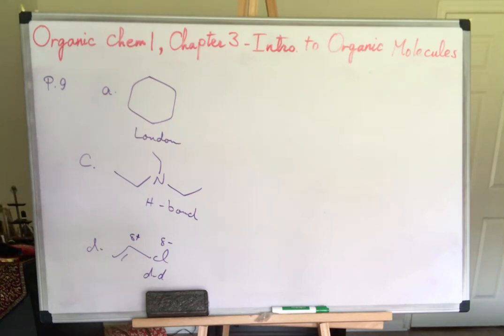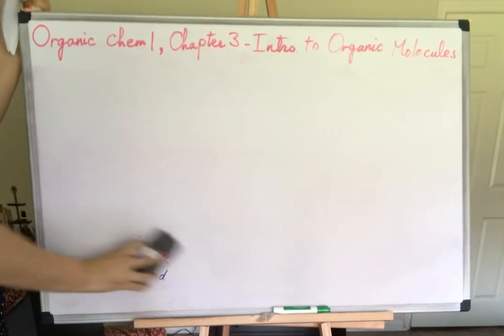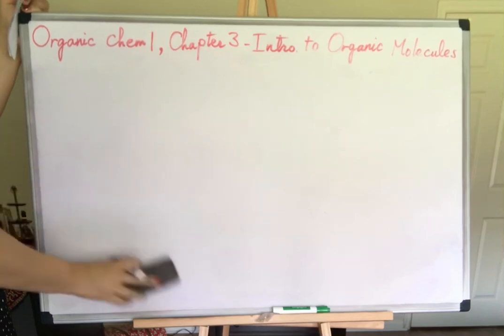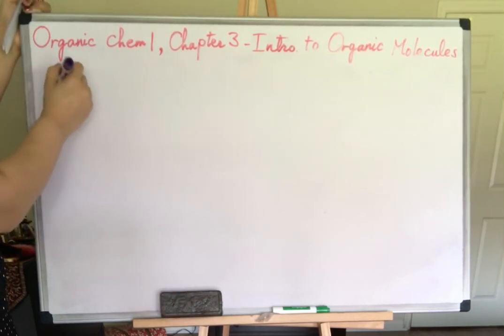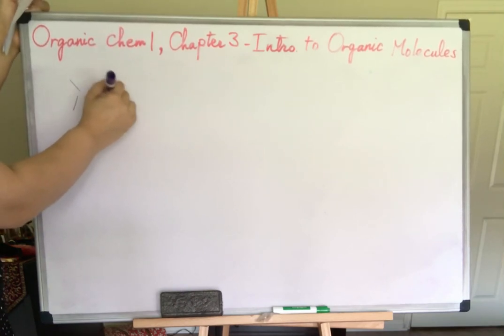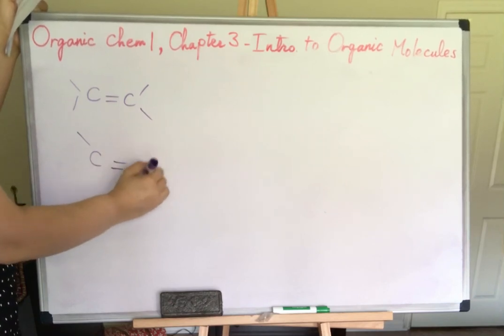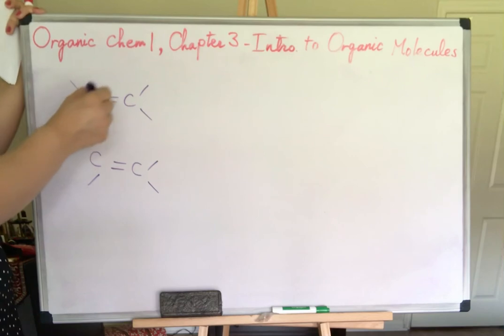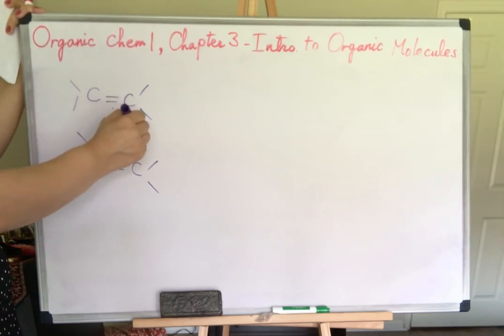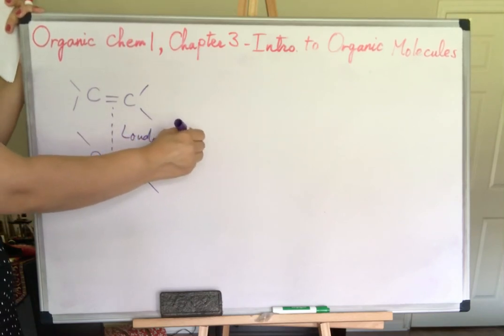Now, we just said the stronger the intermolecular forces, the higher the boiling point. On page 10, we are looking at the boiling point. Let's say you have a pure sample of an alkene, just alkene by itself. When you start boiling it, if you pay attention to the intermolecular forces, you just have London forces. It's very weak, right? London forces are the weakest.